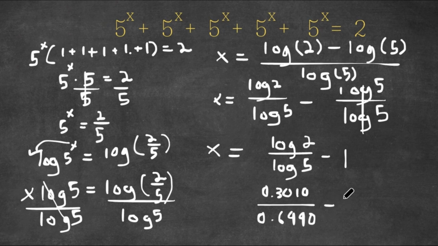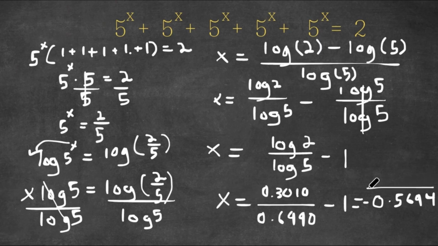And we are subtracting 1 from this, and this is equal to negative 0.5694. So x is equal to negative 0.5694, and that is our answer.